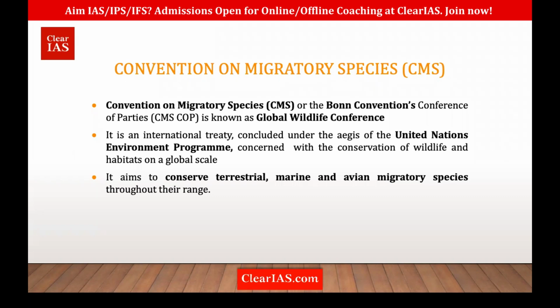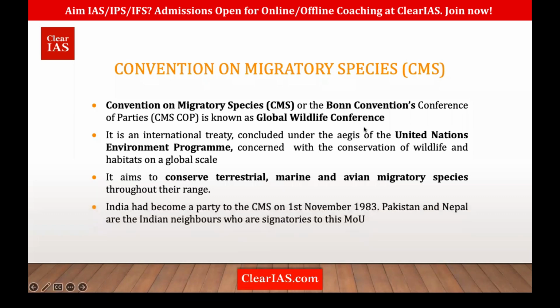So all kinds of migratory species are conserved through this Convention on Migratory Species. India is a party to CMS, and it became a member in 1983. Apart from India, in the Indian subcontinent, Pakistan and Nepal are also a part of CMS.